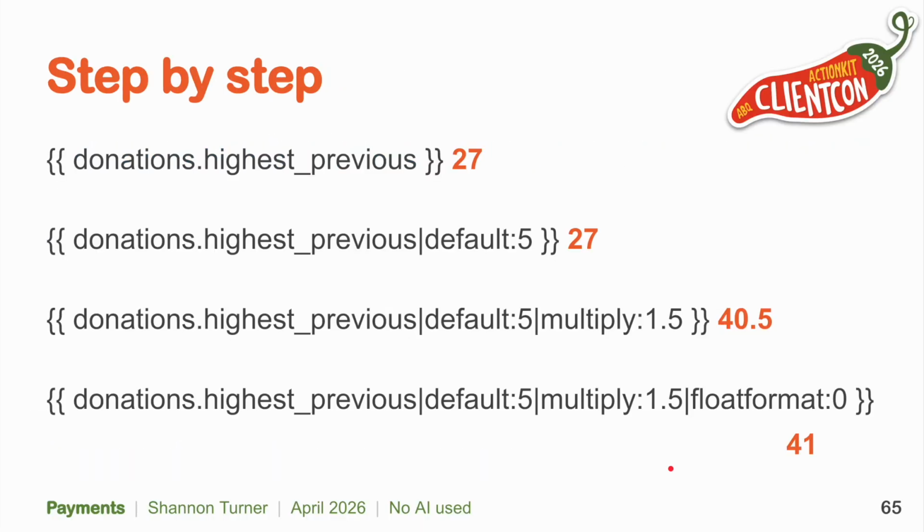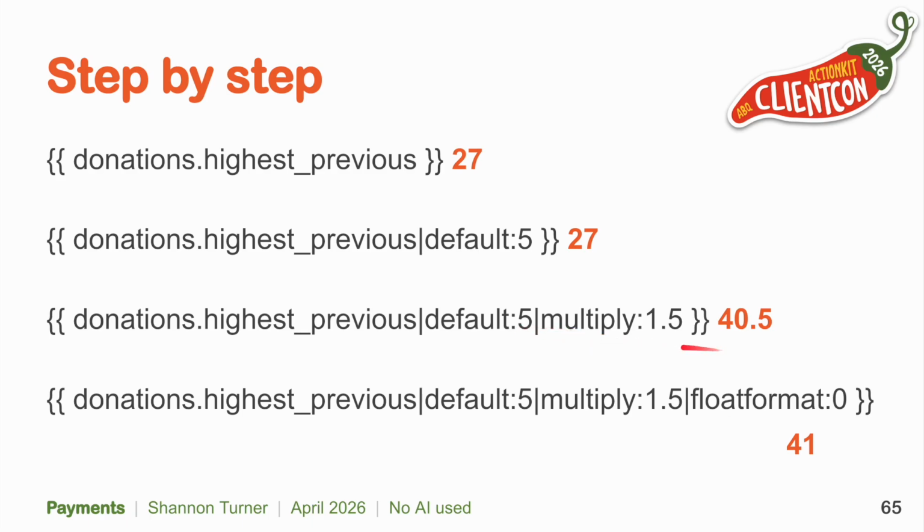Since the snippets on the last slide were in a mailing, we can use donations.highestprevious. Let's do a quick recap specifically about how to use multiple filters together, like default, multiply, and float format. Here, donations.highestprevious is $27 for this example user. We have a non-zero value, so this default doesn't apply. It's still 27.